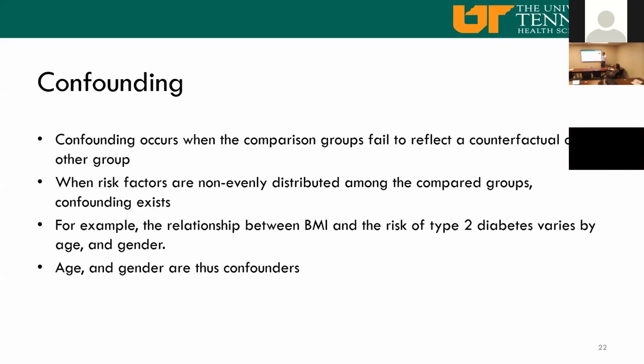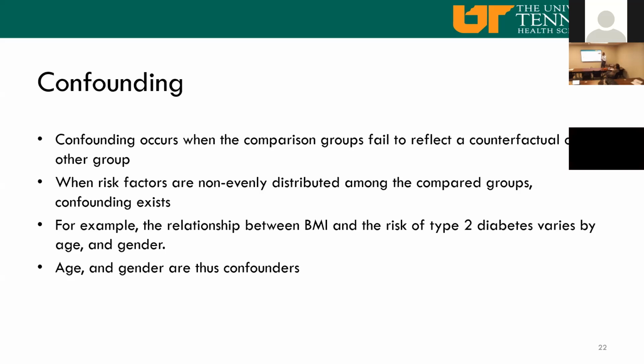So confounding occurs when the comparison groups fail to reflect their counterfactual of the other group. So when two groups are compared, if they are not alike, if they are not similar in other risk factors, then there is basically a difference between the two groups and you are comparing two groups. And so this introduces confounding.